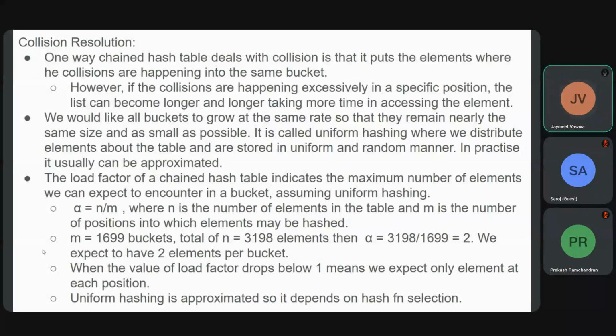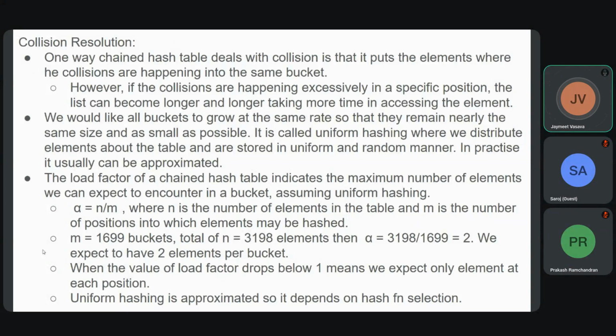how many elements we want to insert, which should be a good number for accessing the elements as well. The load factor of a chained hash table indicates the maximum number of elements we can expect to encounter in a bucket, assuming uniform hashing.